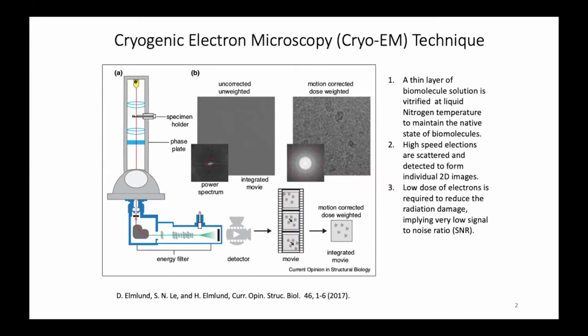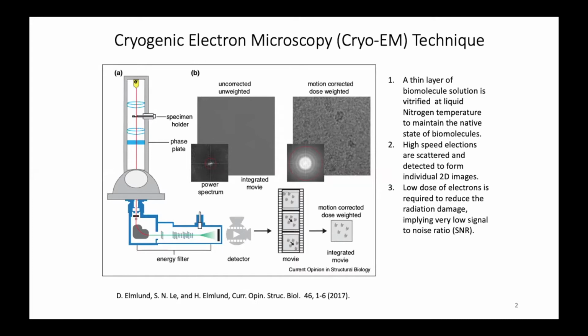Some of the electrons are scattered and detected to form 2D images on the micrograph. Since we are interested in the native structure of a biomolecule, we have to use a very low dose of electrons to reduce the radiation damage.